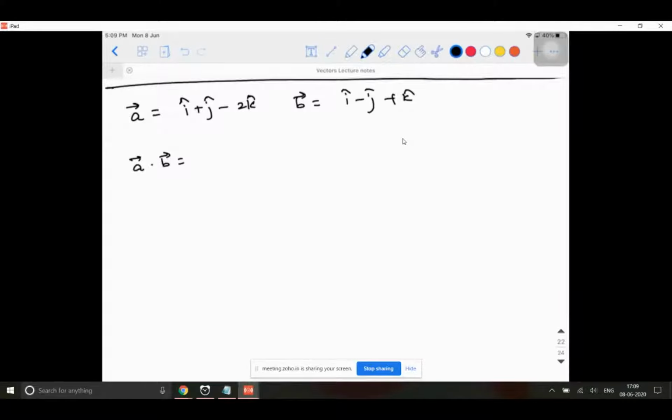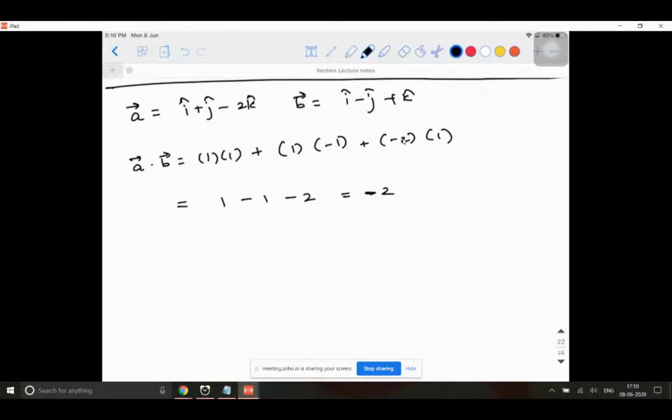How are you going to do it? You just need to multiply the coefficients of i cap, and add it to the product of the coefficients of j cap, and add it to the product of the coefficients of k cap. So here 1 into 1 plus 1 into minus 1 plus minus 2 into 1. So 1 minus 1 minus 2, the answer is going to be minus 2.